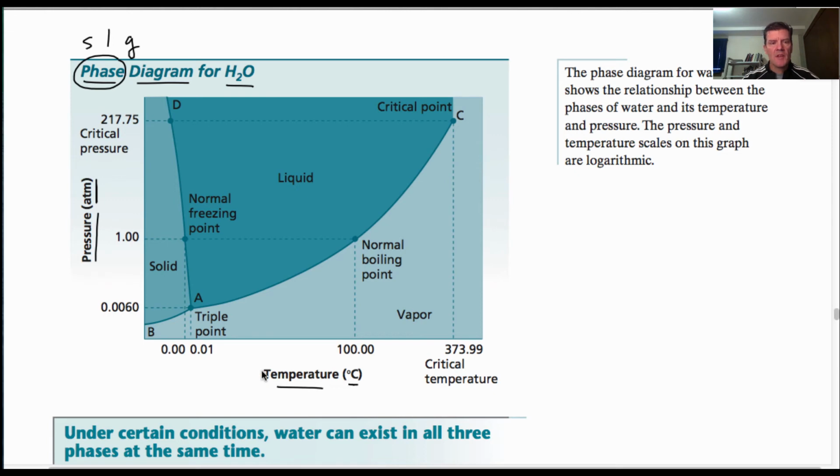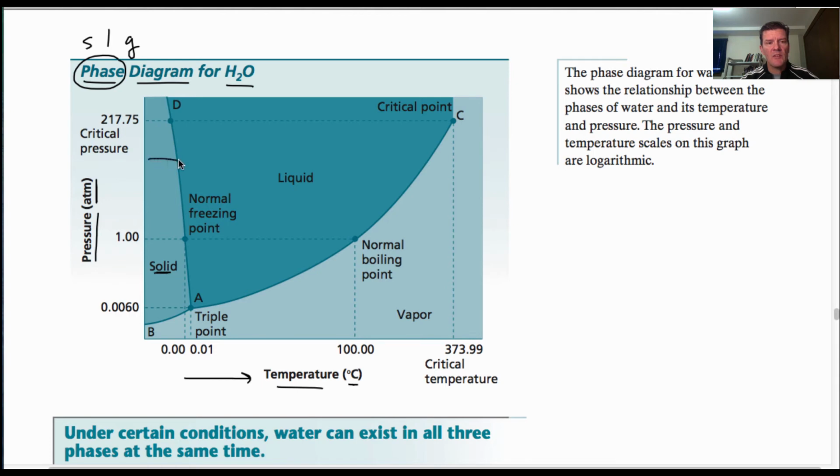Okay? Basically, you know that as the temperature gets higher and higher, you're going to be able to turn a solid into a liquid into a gas. Okay, so watch what happens here. If we're at a low temperature, and I move from left to right across this graph, you'll notice that we start in this region, which is the solid region.